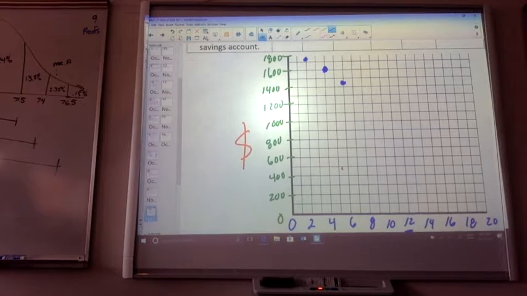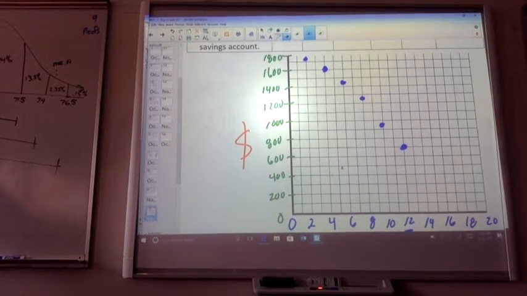At 8 weeks, I had 1,250. At 10 weeks, I had 950. And at 12 weeks, I had 700 dollars. Okay, and then a line of best fit, we're going to try and draw our best line of best fit, right?